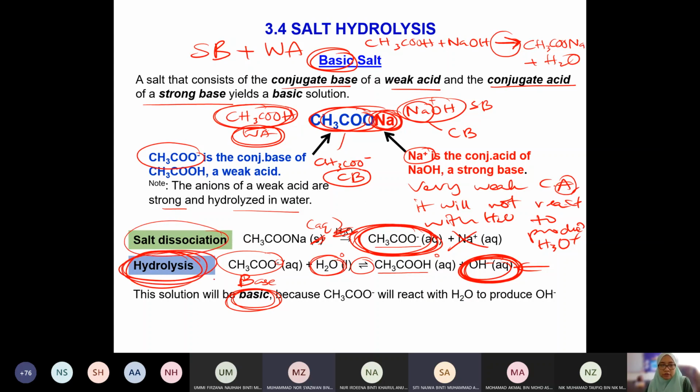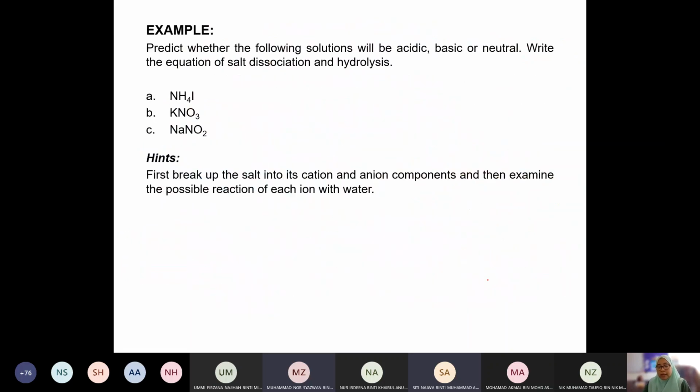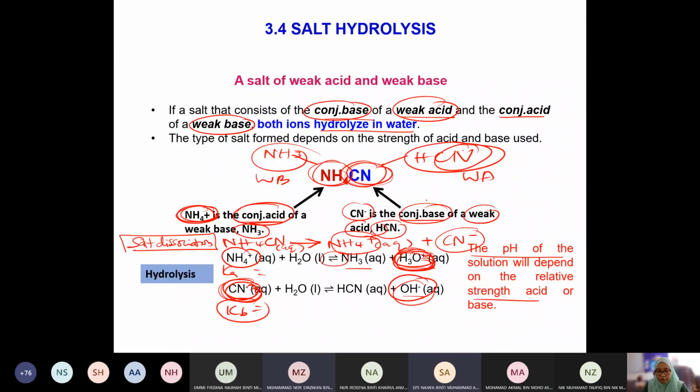This is called hydrolysis of salt because this CH3COO- comes from the salt. One of the components of the salt will hydrolyze in water and produce H3O+ or OH-. So how do you prove this?